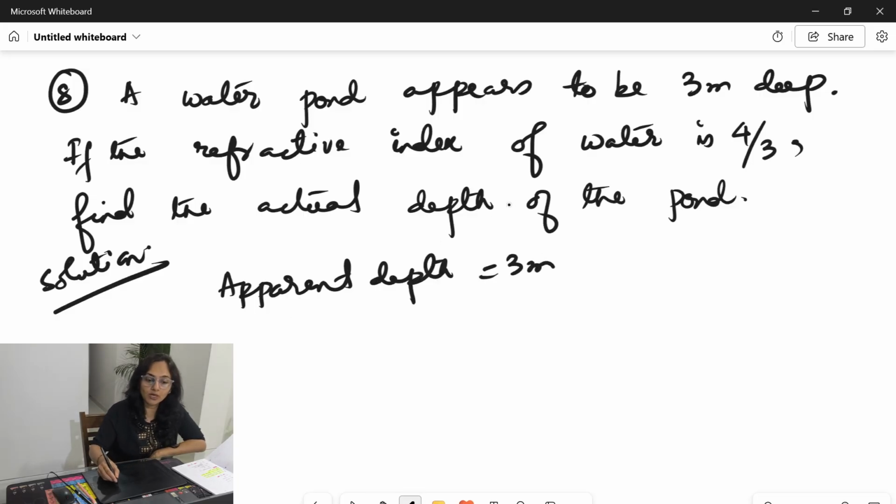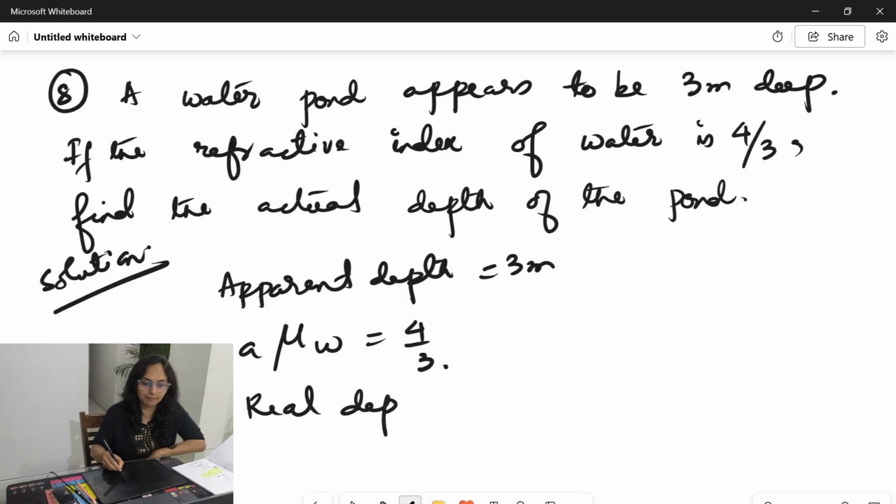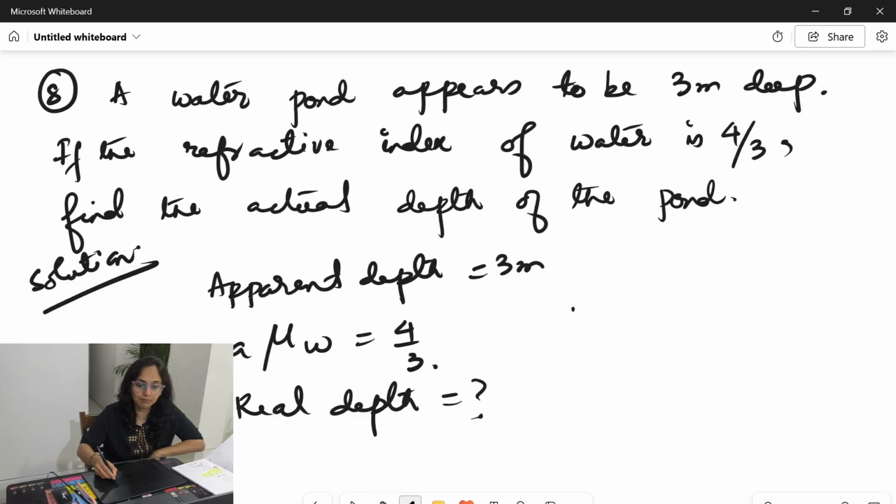Refractive index of water is 4/3, which means aμw is 4/3. And we have to find the actual depth of the pond. That means we have to find out the real depth. So what is the formula we will use? Now the formula is aμw is equal to real depth upon apparent depth.